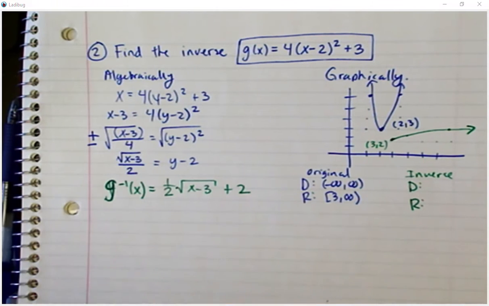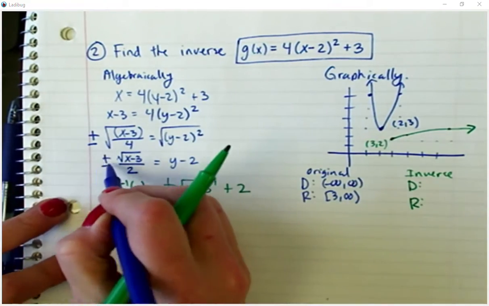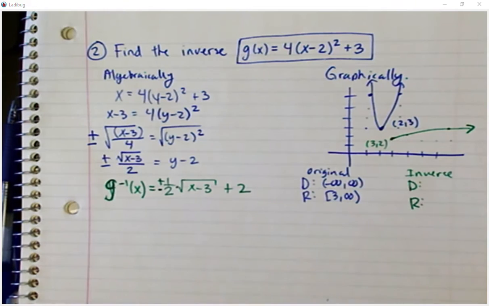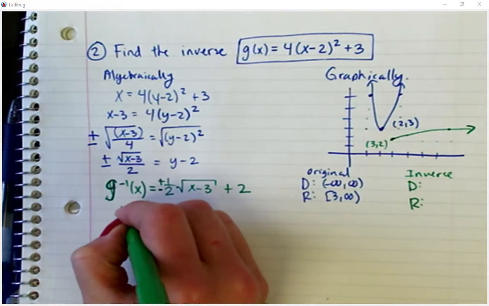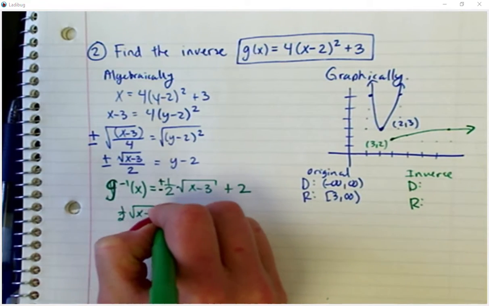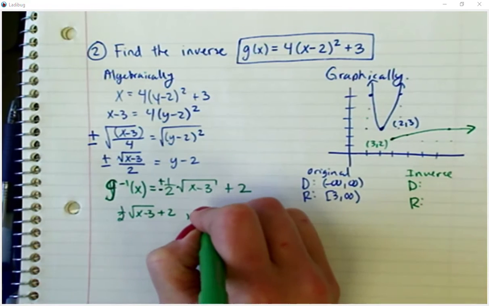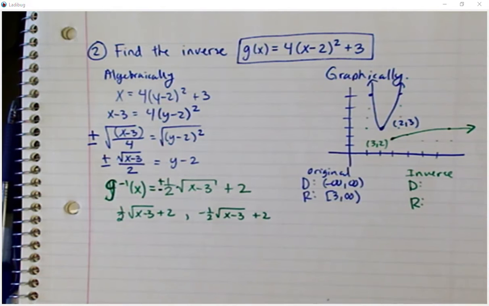Oh, so I've got the top half of the square root graph, and I have the bottom half. I got the plus and the minus here. So when I'm graphing this, I'm really graphing this. I'm graphing the positive 1/2 stretch, but I'm also graphing the negative 1/2 stretch.